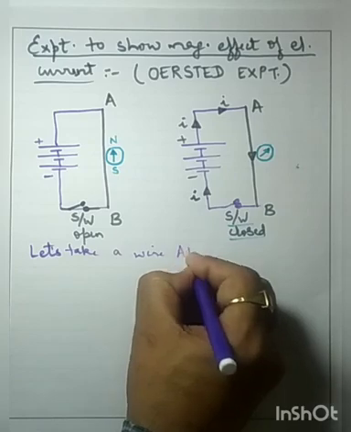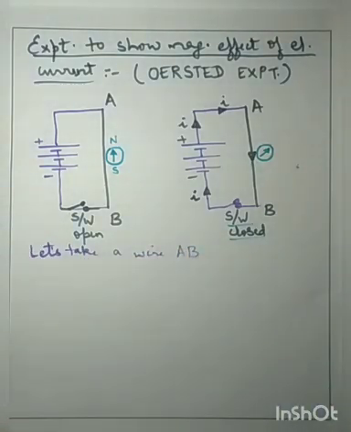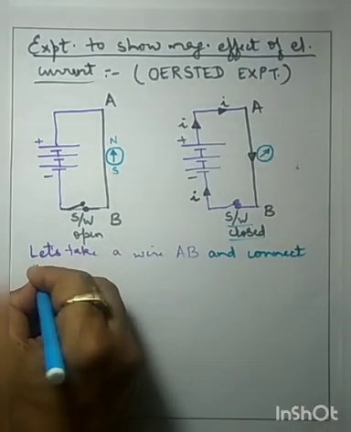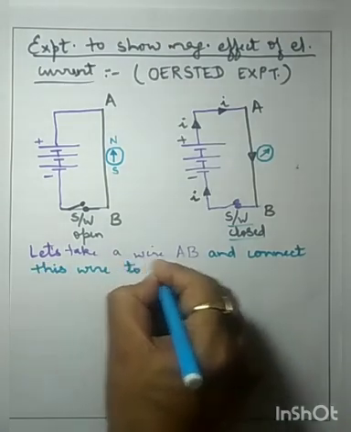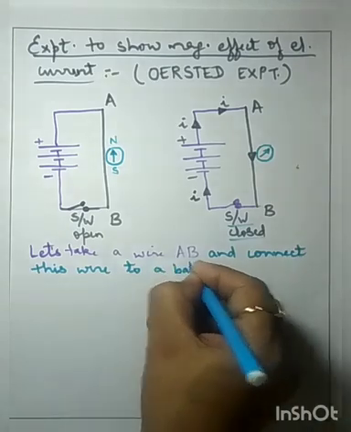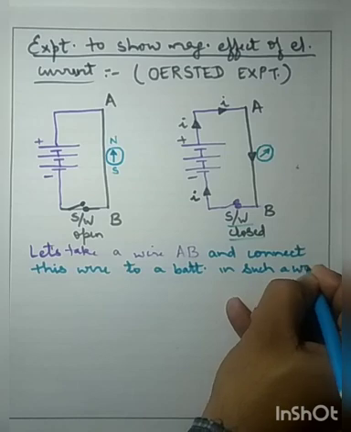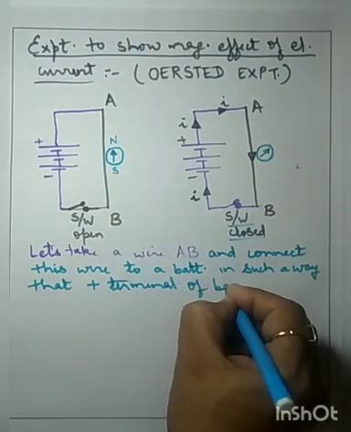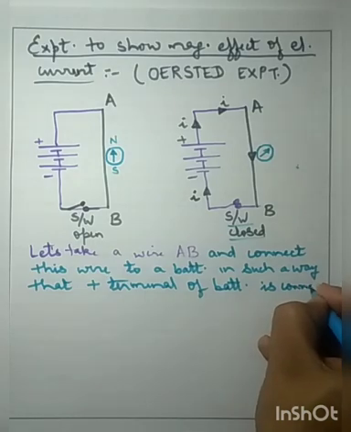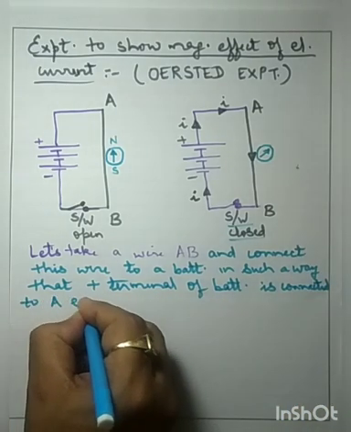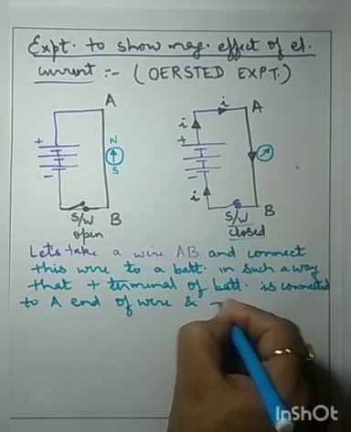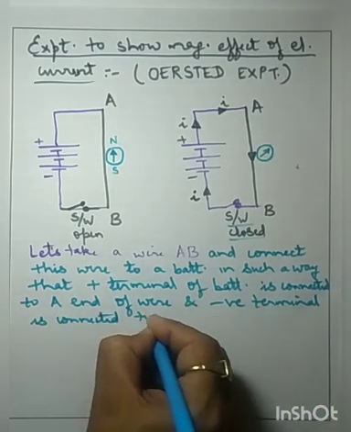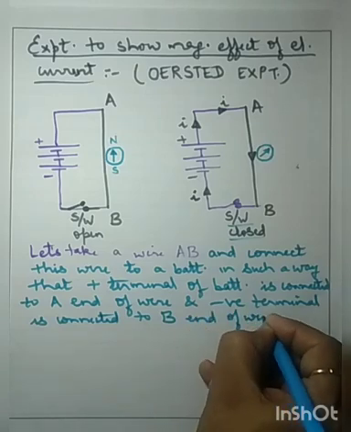Let us take a wire AB and connect this wire to a battery in such a way that the positive terminal of the battery is connected to the A end of the wire and the negative terminal is connected to the B end of the wire.